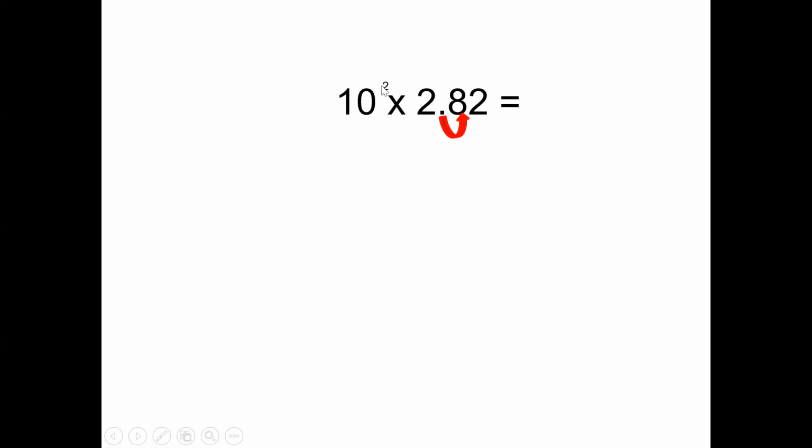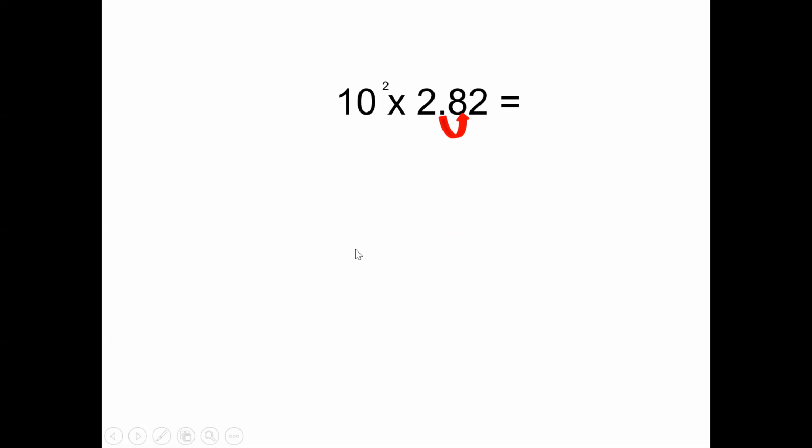So that means I would have to move my decimal 2 places to the right, which would make my place values move 2 places to the left, okay?